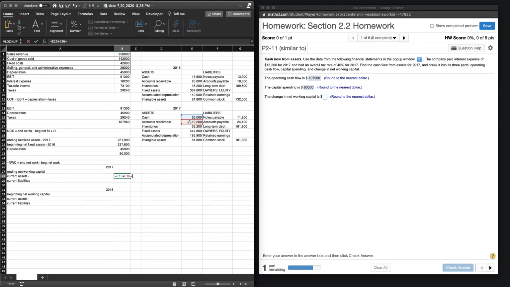Current liabilities are anything that we owe within a year, so that's notes payable and accounts payable. We figure out the difference, and that will give us our ending net working capital for 2017.